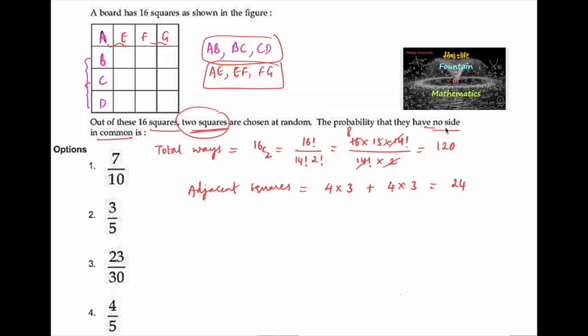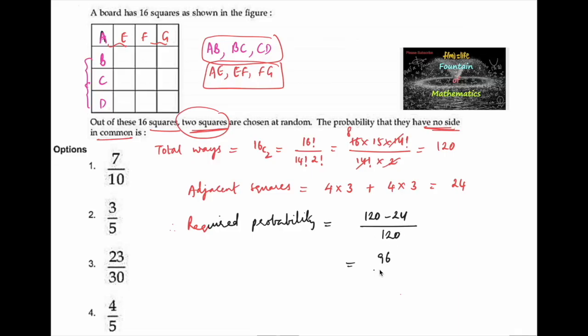Since we need there is no common side, therefore the required probability can be taken as 120 minus 24. We have to subtract 24 divided by the total, that is 120.